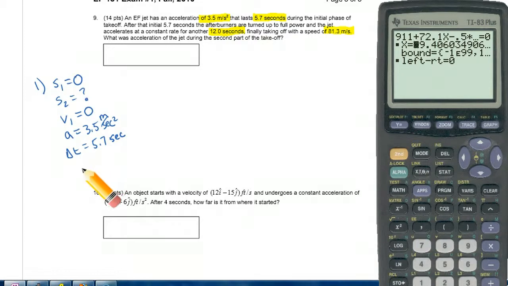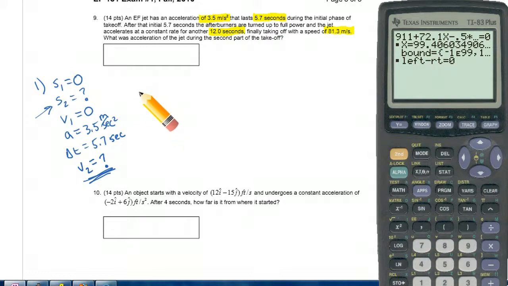Okay, we don't know a final velocity. So again we have two unknowns here. We can solve for both of them, but we really only need to solve for the final velocity. It does not matter how far it went in that first part, but we are going to need to know the final velocity of this first portion of the problem to work out an acceleration for the second portion of the problem.